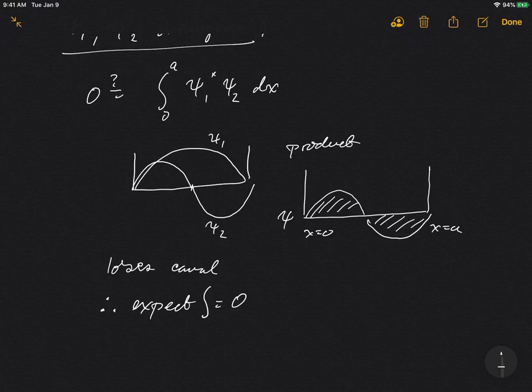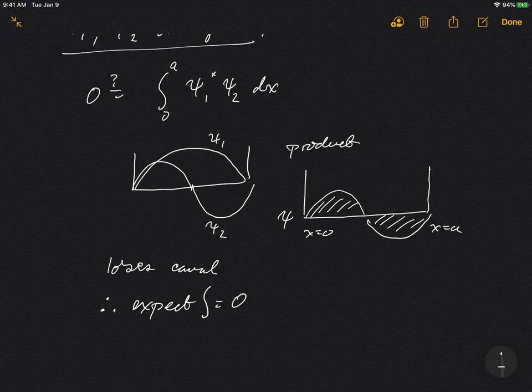And so we've essentially made a symmetry argument. This is our first symmetry argument. And in fact, we can extend this. So by symmetry, it looks like this integral goes to 0.